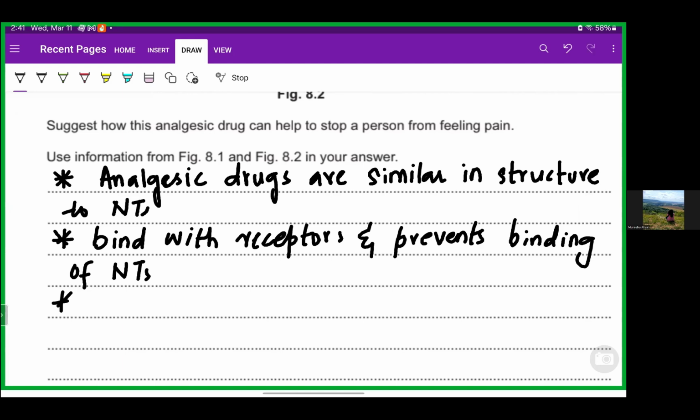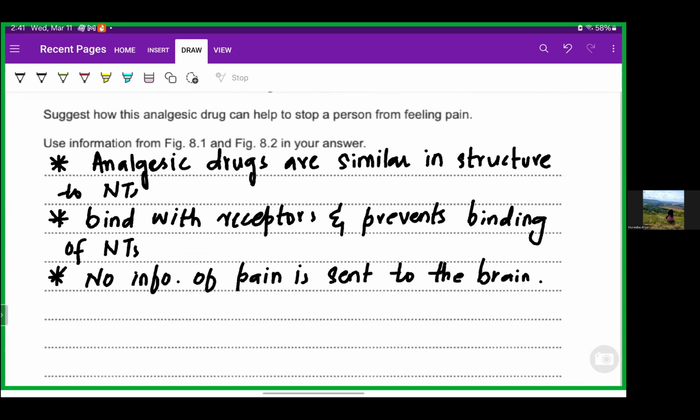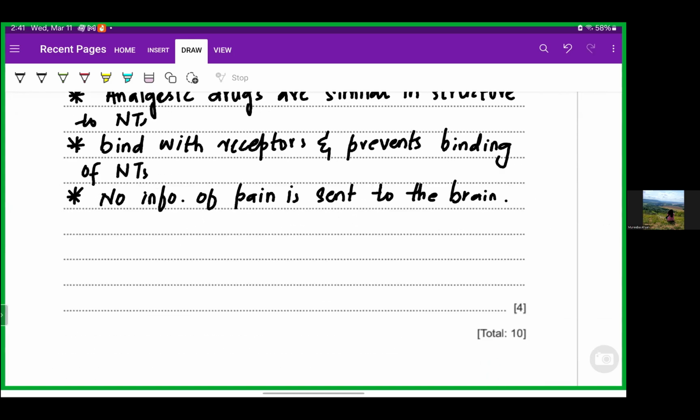So what will happen? No information of pain is sent to the brain. Okay, this is how painkillers prevent the person to feel the pain.